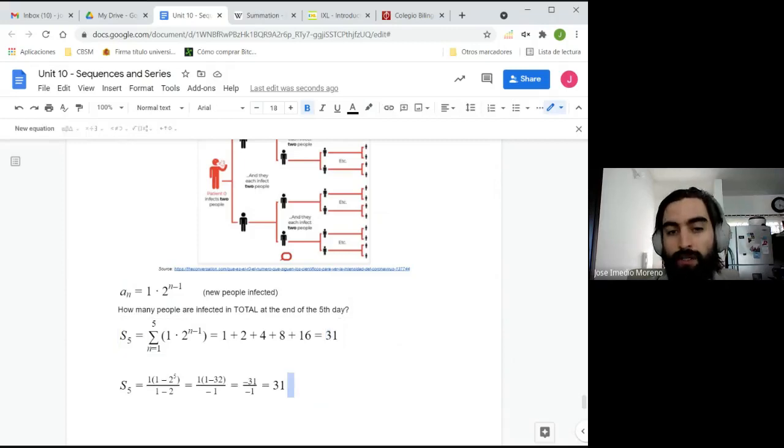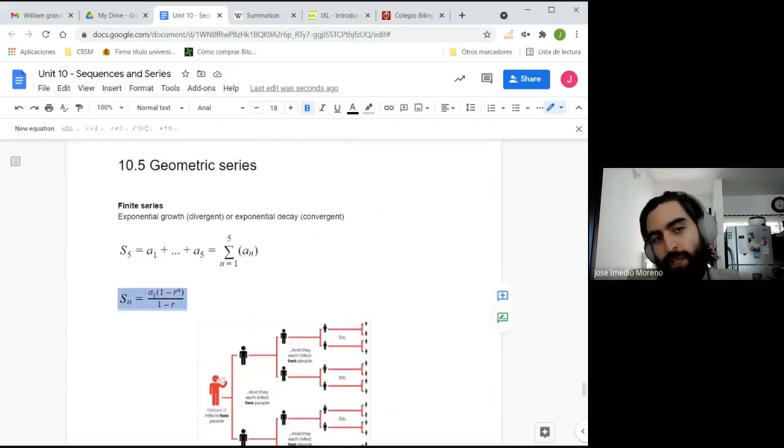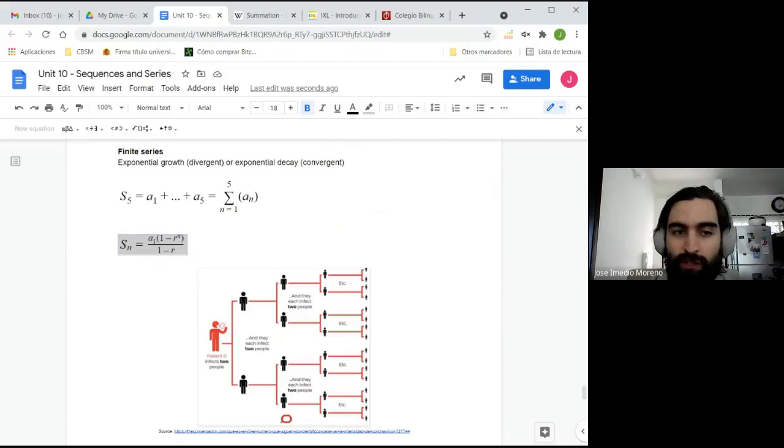Okay, but the same as happened with arithmetic series, there is a formula. Because if I have to find S sub 100, I don't want to be adding 1 by 1. So there is a formula. And the formula is this one. It's not the same as with arithmetic series, but it's a bit similar, okay?